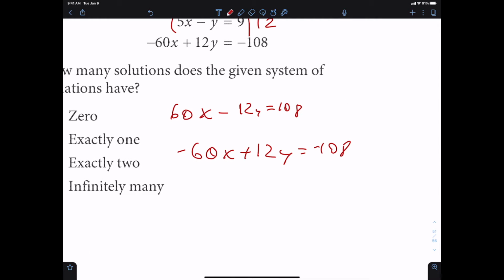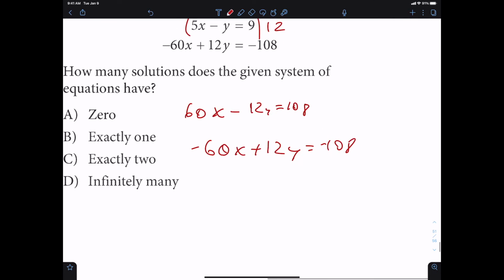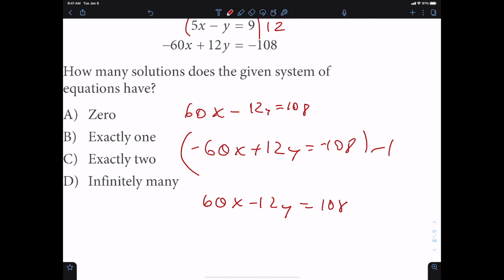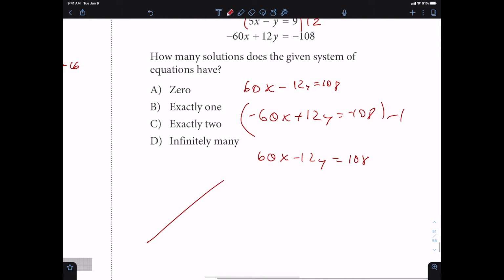Now we see that these lines are actually the same, right? If we multiply this by negative 1, we get 60x minus 12y equals 108, meaning these are the same line at the end of the day. It just means infinitely many solutions, option D.